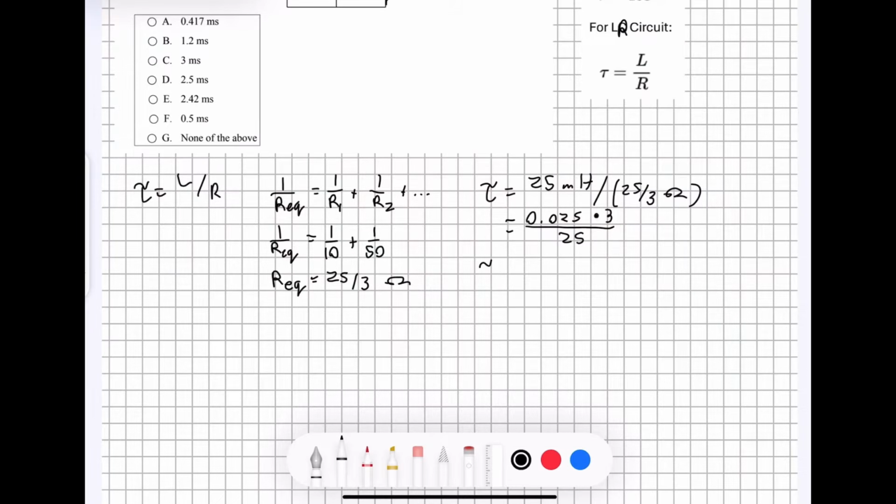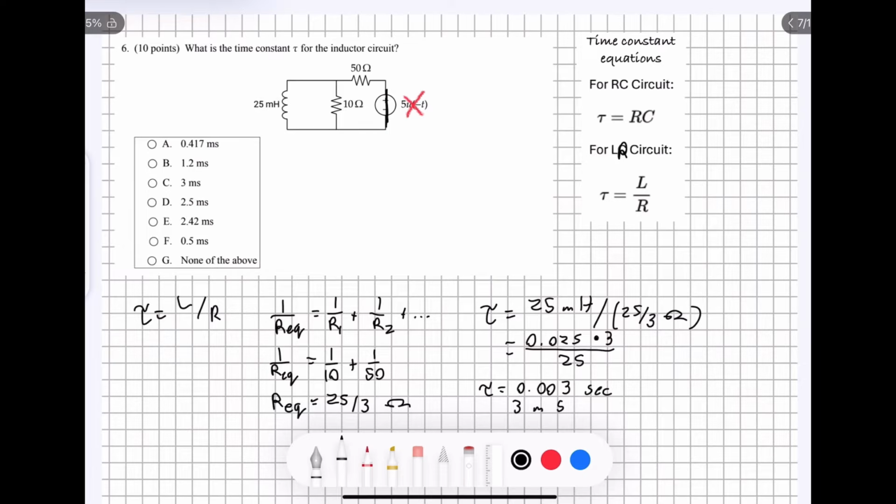If you do the math, you're going to get that the time constant is equal to 0.003 seconds, or you can also write this as 3 milliseconds. If we go back up to our problem, we see that this answer is going to match number C.